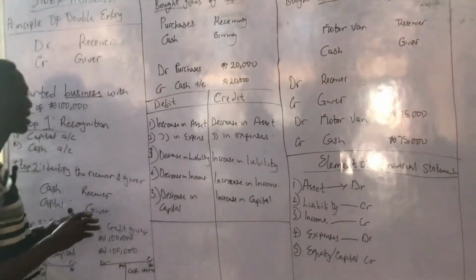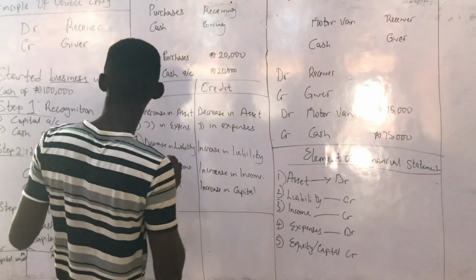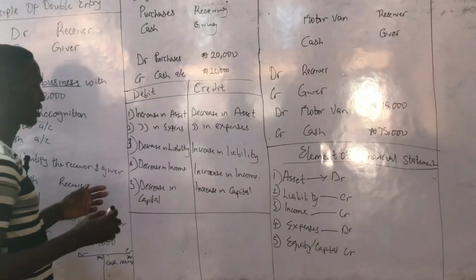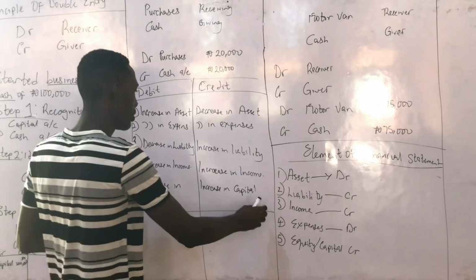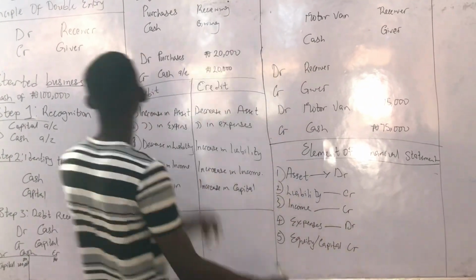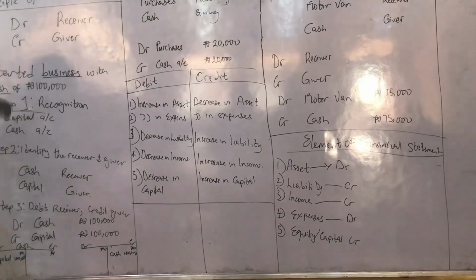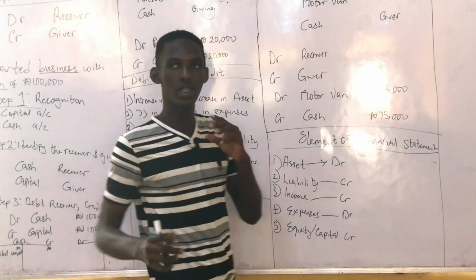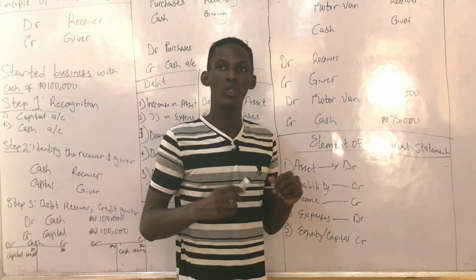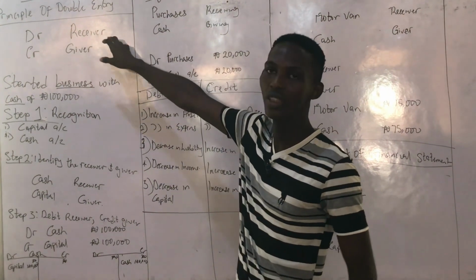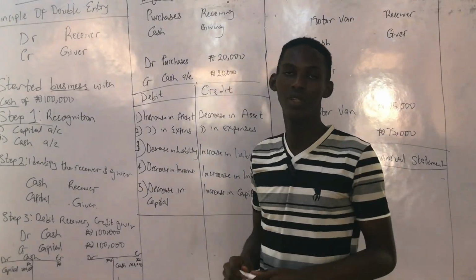So with this, if you have been listening so far, you should be able to understand that if you understand this principle here and this principle here, then you won't have any problem regarding the principle of double entry. Another thing I want you guys to take note of is that without understanding the basic principle of double entry, you cannot understand financial accounting.